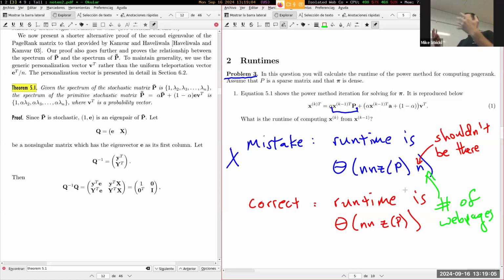We have a very, very large number of web pages. On Google, it's on the order of something like 10 to the 15th. And so this really needs to be linear in the value of n here.